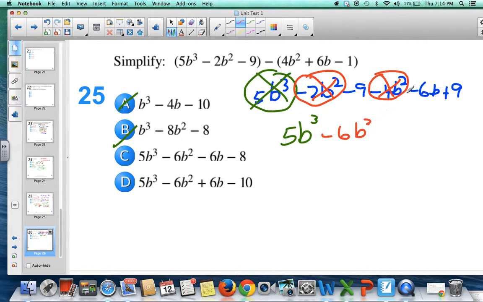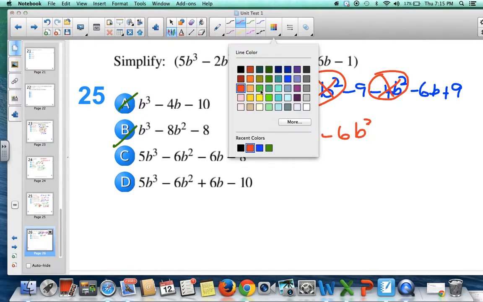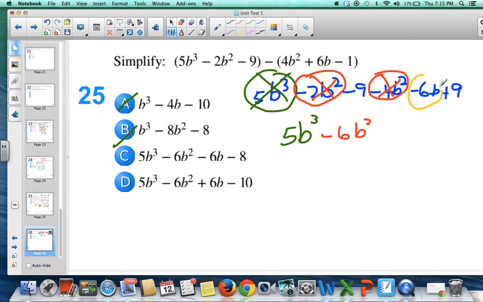So that's good. Now what's left is there's only one b term, and that's this one right here. So it's going to be minus 6b. And then the last one, oh, I wrote this wrong. Let's see what's happening.